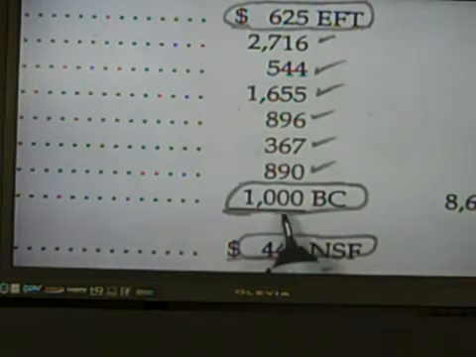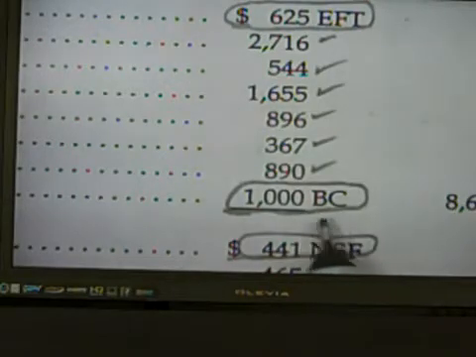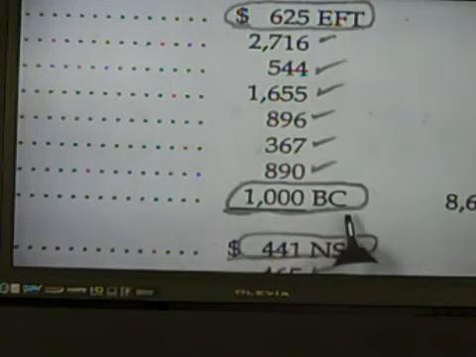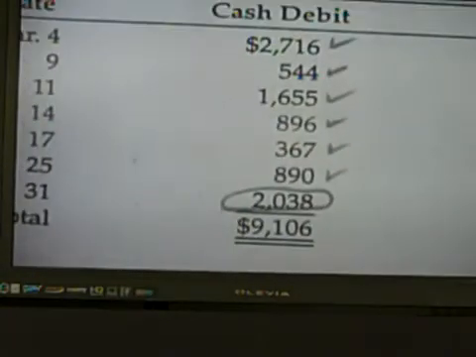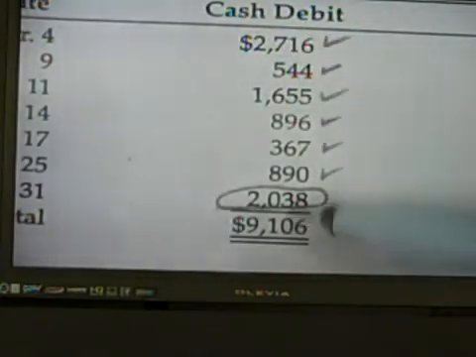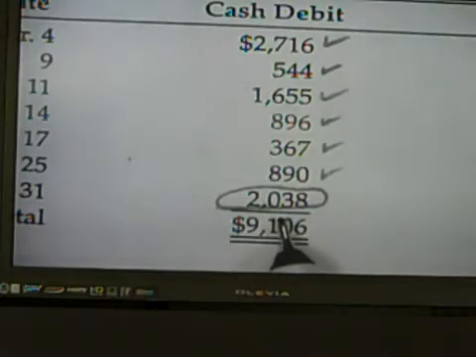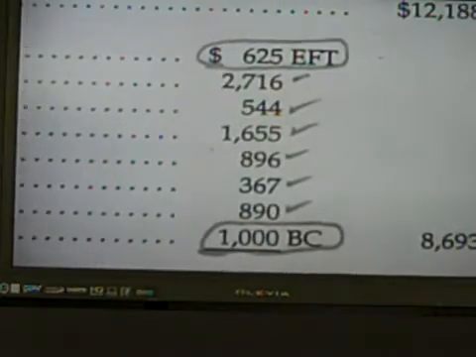But then the bank's showing a $1,000 BC. BC in this case is a bank collection. So the bank has collected $1,000 for us, put it straight into our account. Do we have it on our cash receipts on our books? No, we don't. So there's a reconciling item. And then we have a $2,038 receipt that we're showing on our books, and the bank does not have that on our bank statement.